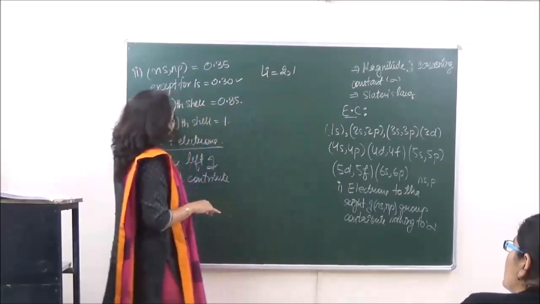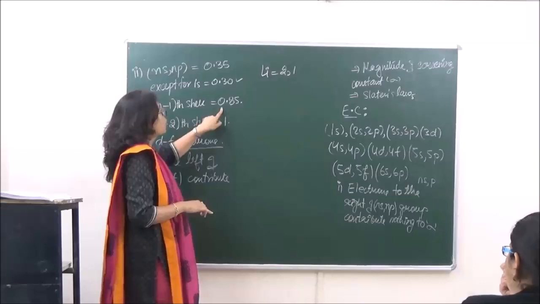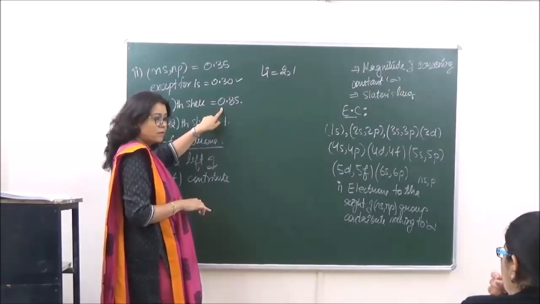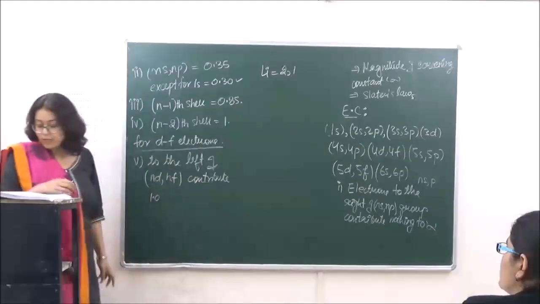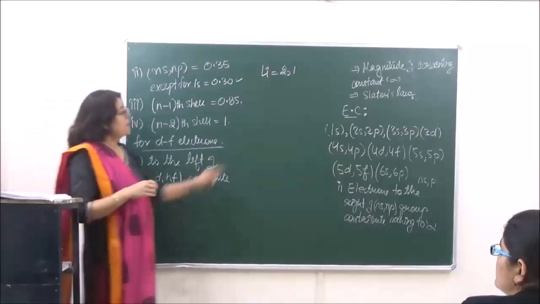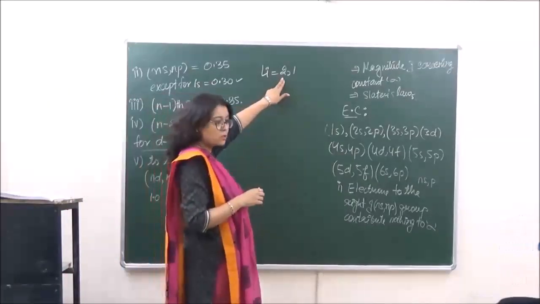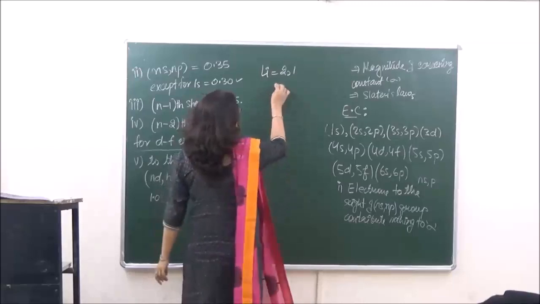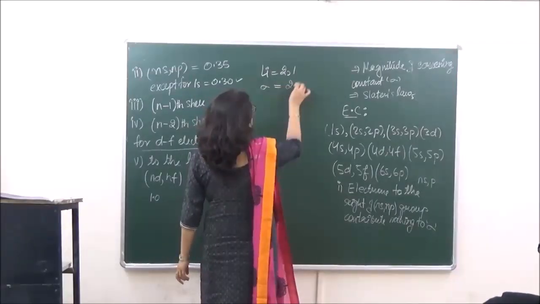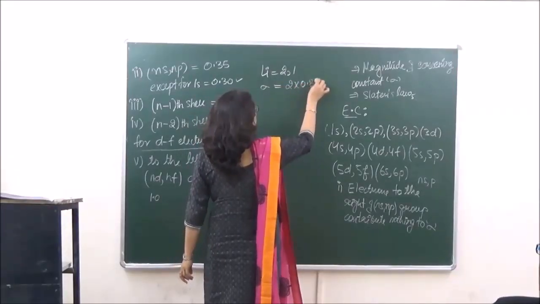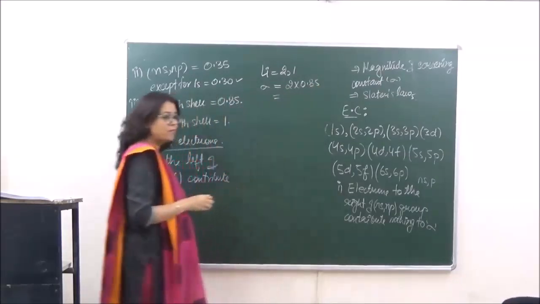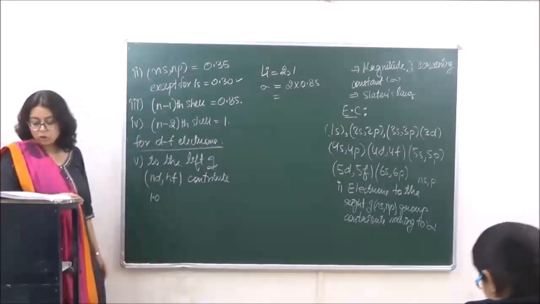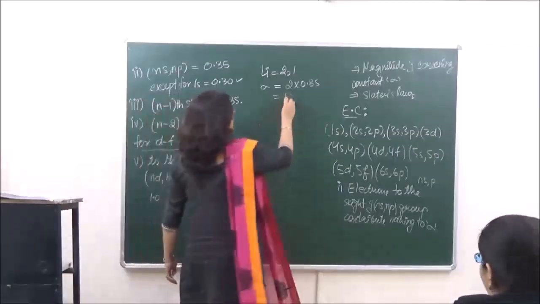In the n minus 1 shell, the contribution is 0.85. There are 2 electrons in the n minus 1 shell, so sigma is 2 into 0.85, which comes to 1.7.